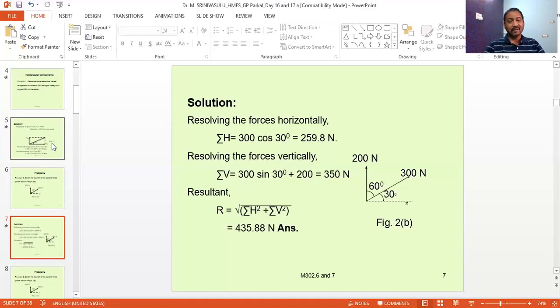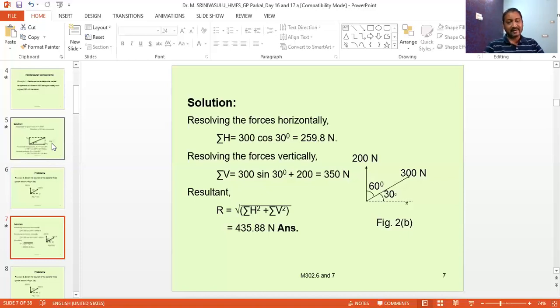And coming to the second force, 200 newtons, because it is a vertical force, the horizontal component of a vertical force is 0 because it is making an angle of 90 degrees with horizontal.